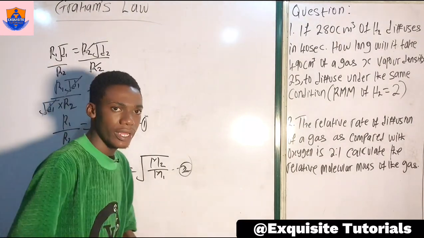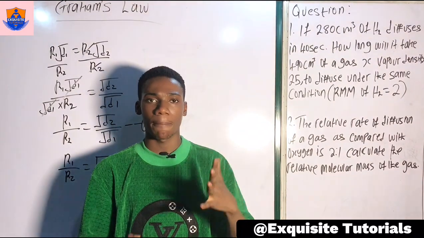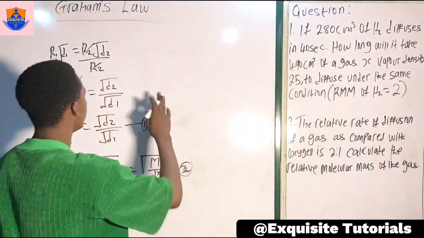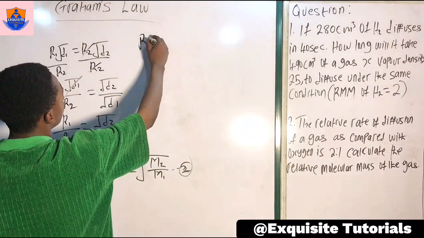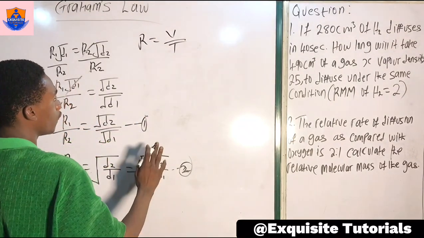Now, if you hear the word rate, it means per time. If you say the rate of volume, it means volume per time. So if they say rate of the volume of a gas, rate of volume is V over T, volume per time.